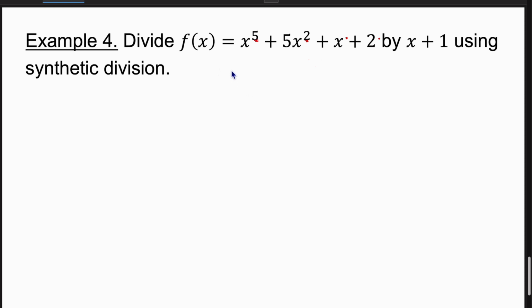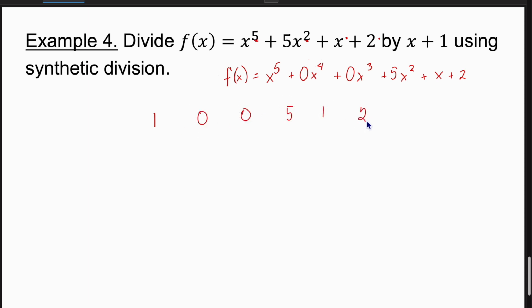So, by filling in, we have f of x now equals x raised to 5 plus 0x raised to 4 plus 0x raised to 3 plus 5x squared plus x plus 2. Then, copy the coefficients. We have 1, 0, 0, 5, 1, 2. What is our divisor? X plus 1 equals 0 or x equals negative 1.